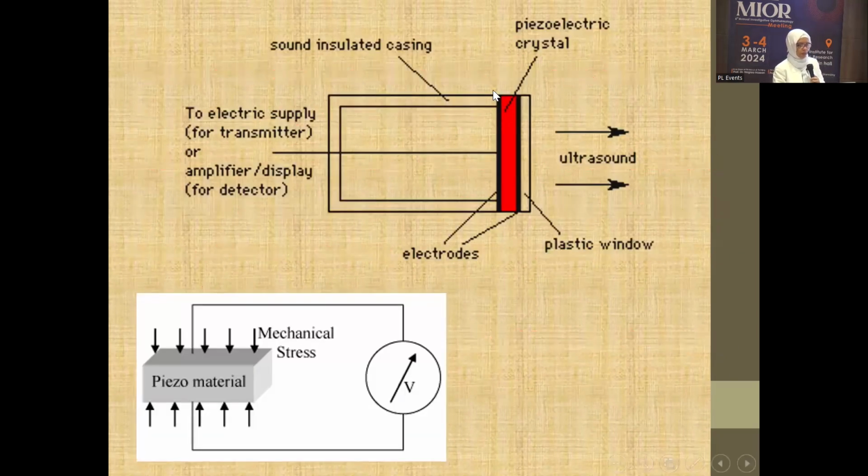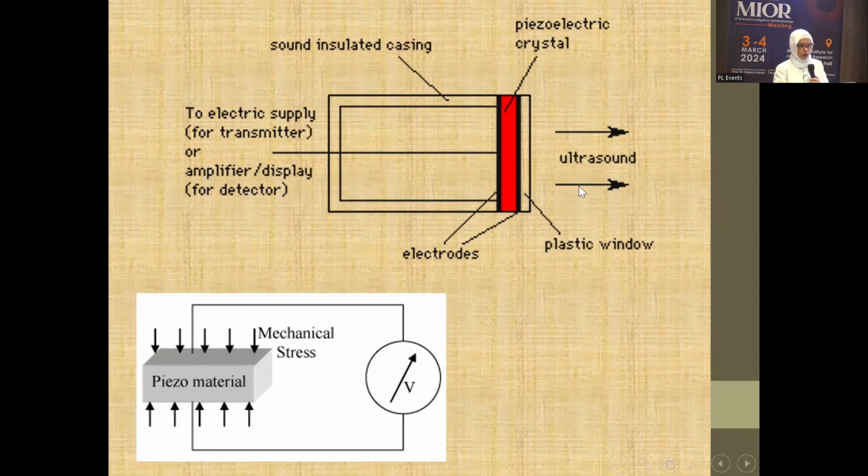This is the probe of the ultrasound, as we see. Here is the electric supply, the wire, okay? And here we will find that piezoelectric material is put in that slide. When this piezoelectric material moves in a wave of contraction and expansion, it will vibrate and produce ultrasound, just like that. This is how they use it.